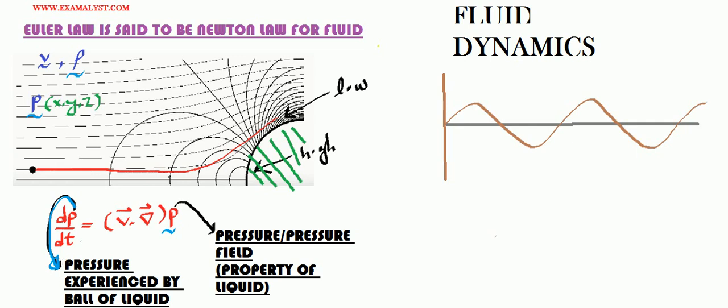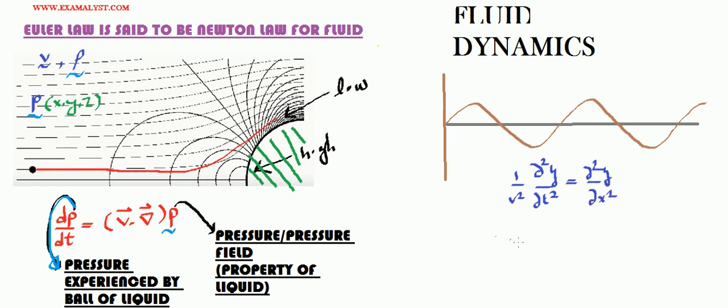Now to get a feeling, I thought of making this particular analogy. You remember the wave equation? It tells you that d square y divided by dt square equals, so we have 1 by v square here, d square y divided by dx square.